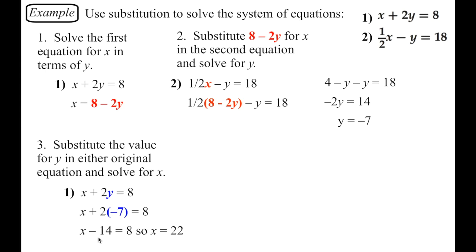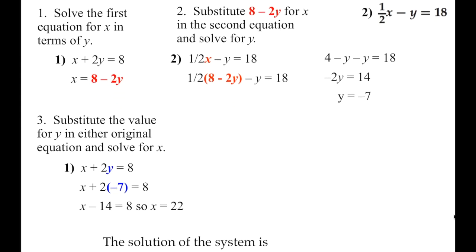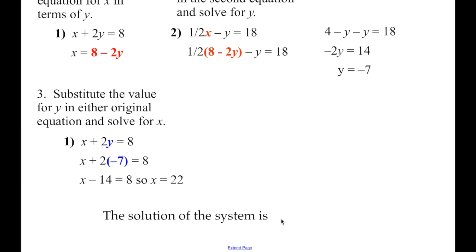Adding 14 to both sides gives us x equals 22. That tells us that the solution to our system is 22, -7. Remember, it's an ordered pair. In our last lesson, we learned how to solve these graphically, so just keep in mind when you're solving for x and y, that's telling you the intersection point of the two lines.